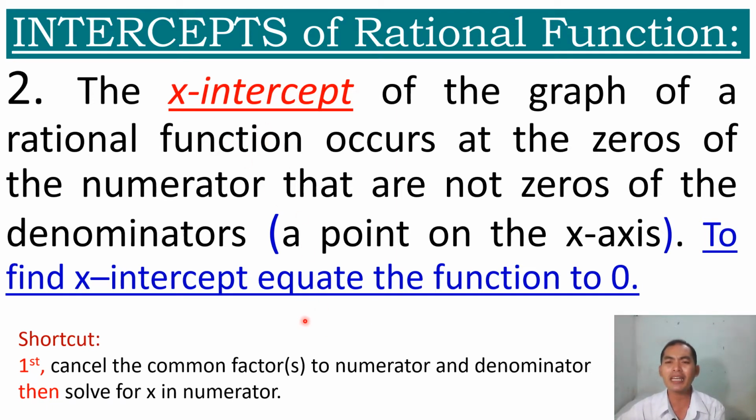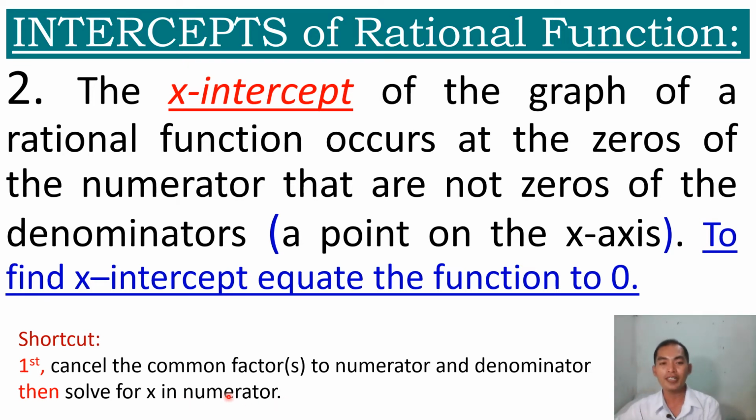But then, meron kayong i-consider dito. Paano yon? You need to cancel first the common factor in the numerator and denominator. Pag may common factor ang numerator and denominator, kailangan yung i-cancel. Isosolve lang po yung x ng numerator after na nag-cancel ng common factor. So, halimbawa, ang numerator, ang natira ay x plus 3.